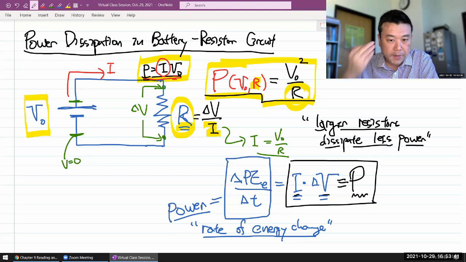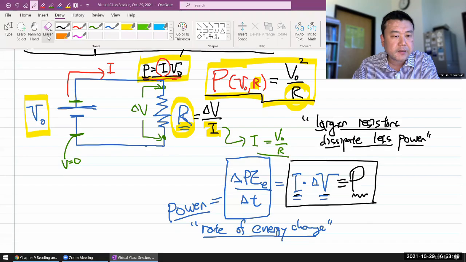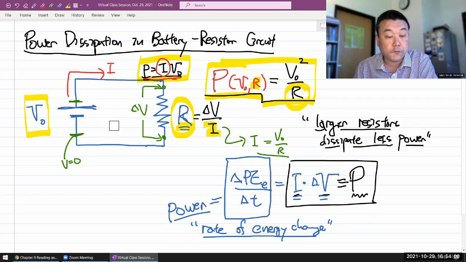In order to make the counterexample work, I'll have to change up this circuit a little bit. Let me change up this circuit this way. I'm going to introduce something that we call a current source. A battery is a typical example of what we call a voltage source. The job of a battery is providing a fixed voltage difference between its ends. That's what it does.